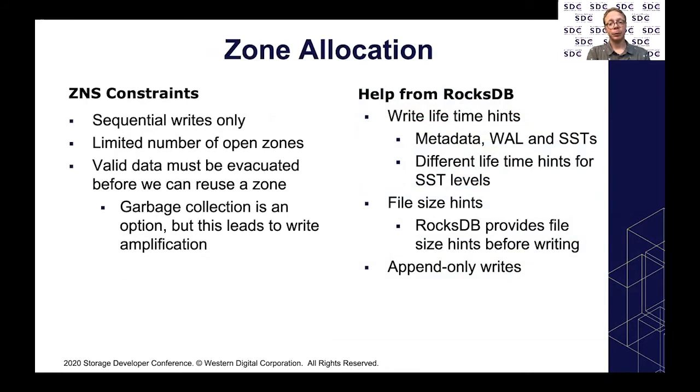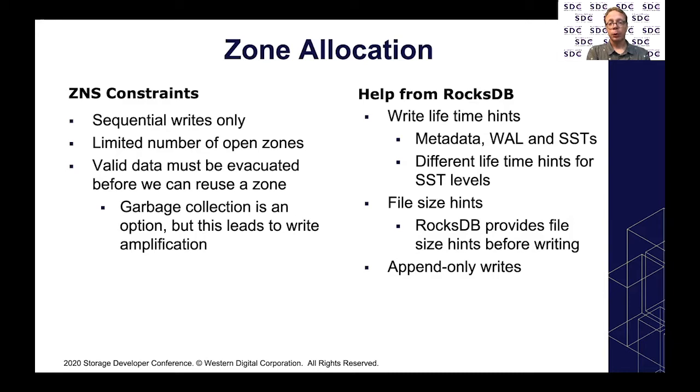So if you want to reuse a zone, we would have to move all data out that is still valid, or wait until all files have been deleted that occupy that zone. So garbage collection is an option here, but that leads to write amplification. So we would rather not do that.